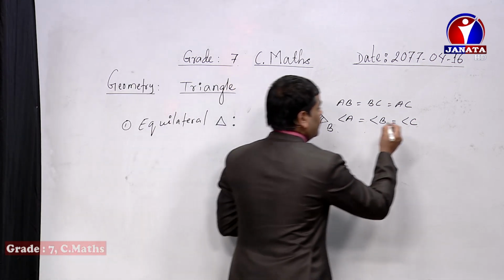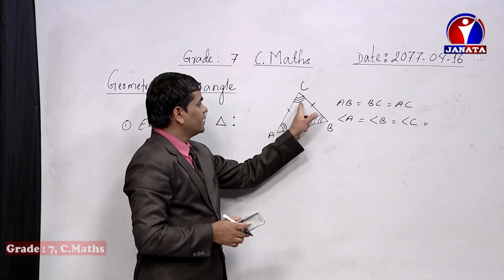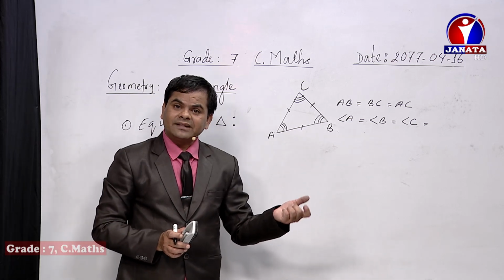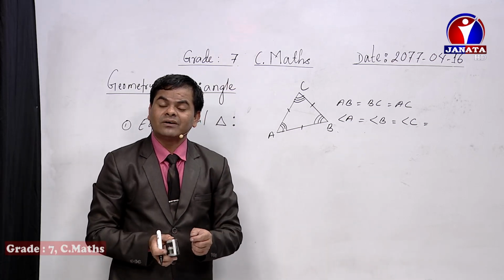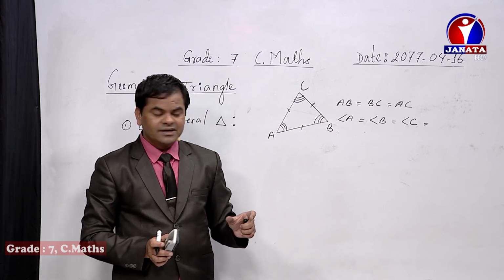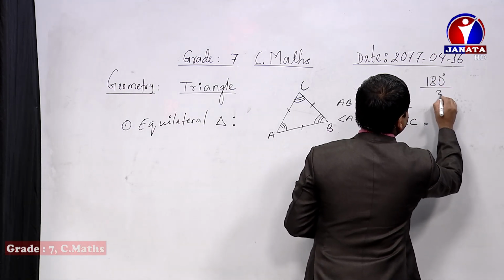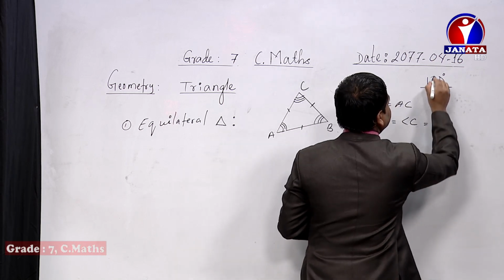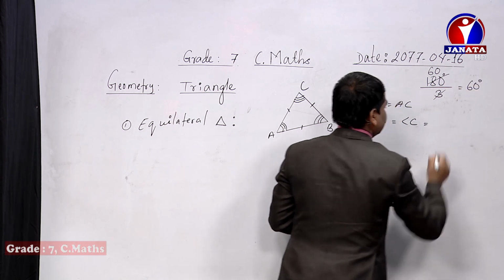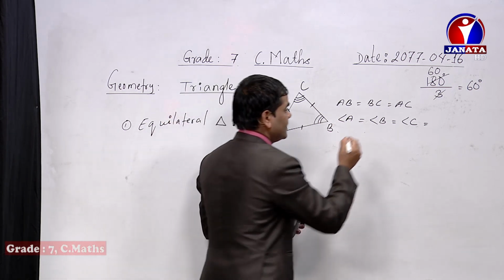And dear student, when the three angles become equal to each other, then the whole 180 degrees contained in a triangle is divided into three equal parts, isn't it? So 180 degrees if equally divided into three parts, then 3 6, 0 60, so the value comes as 60 degrees. So every angle of an equilateral triangle will be of 60 degrees.